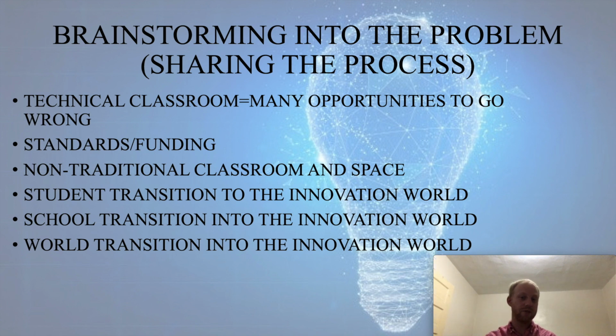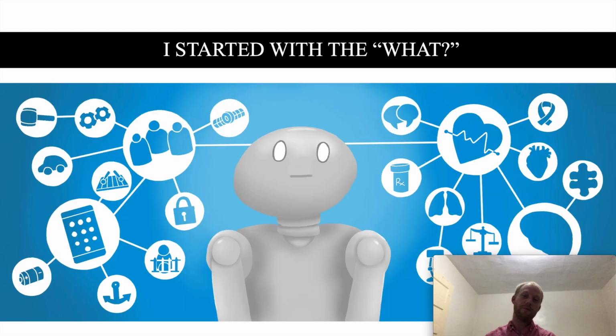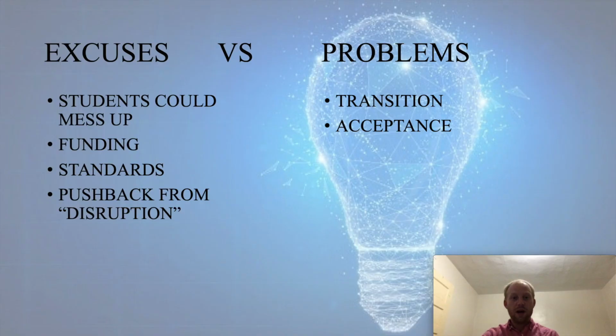So I started brainstorming these, and I realized after brainstorming that I started with the what and not the why I was doing it. And stories are better told through the why. So I looked at the things that I brainstormed, and most of them were excuses.